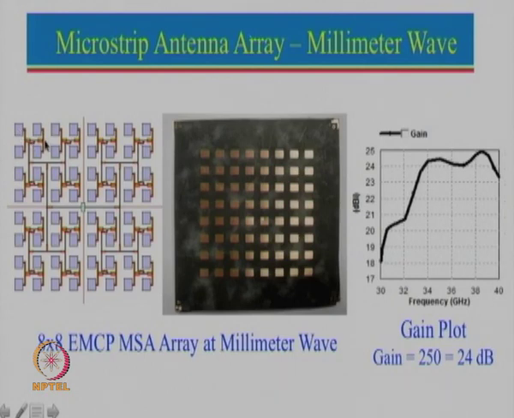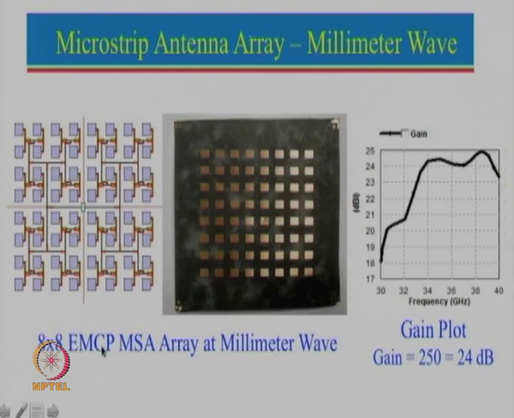Now, these two are connected together, and this is another combination, the 2 by 2 arrays connected over here. So, now this becomes a 4 by 4 array, and then these 4 by 4 arrays are connected together to form an 8 by 8 array. So, this is the modular way of designing an antenna array.